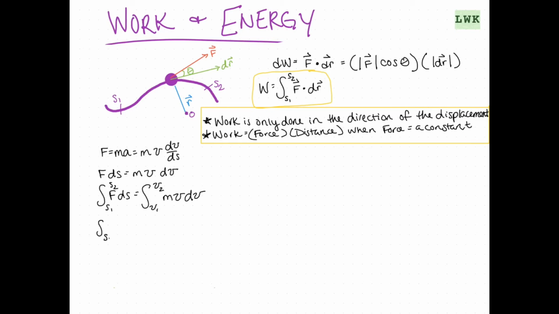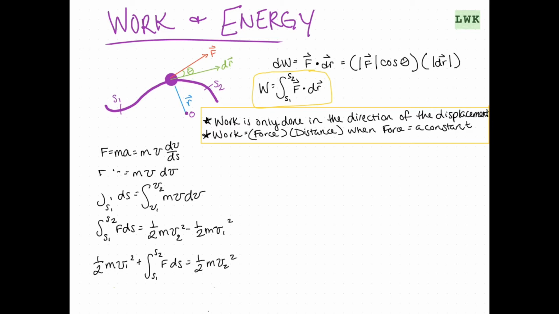And one more step here. So this is going to give us 1/2 m v1 squared plus the integral from s1 to s2 of F ds equals 1/2 m v2 squared.